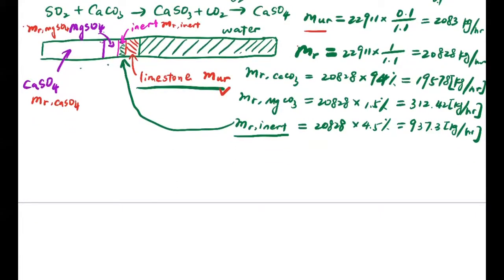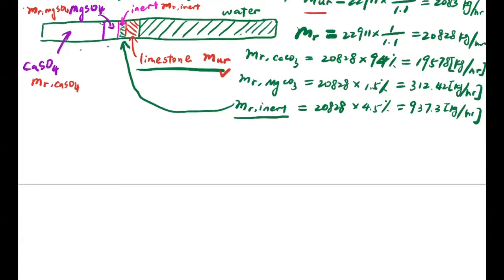And since we already know the mass of them, then we can convert them first into the rate in moles, and then further convert the rate in moles into the mass, right? So we know that the calcium carbonate gets converted into the calcium sulfate.